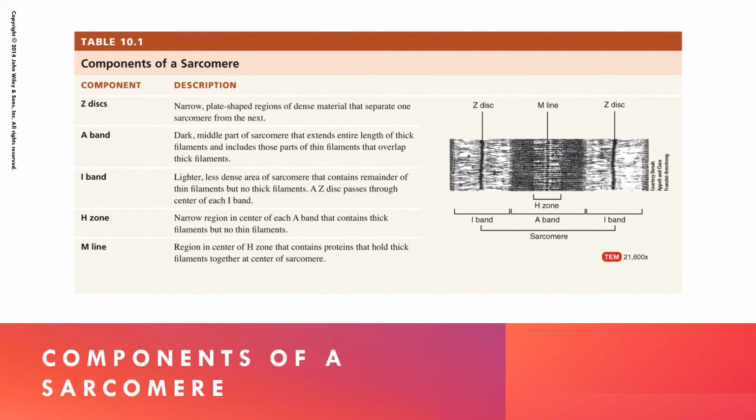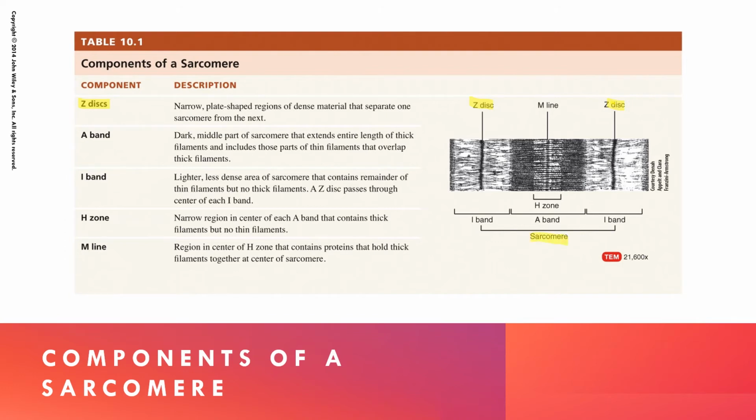The narrow plate-shaped regions of dense protein are called the Z discs, and they separate one sarcomere from the next. So we can conclude that a sarcomere extends from one Z disc to the next Z disc, as we can see here.